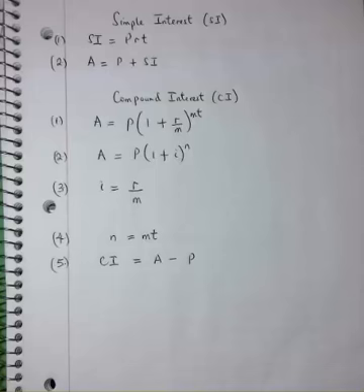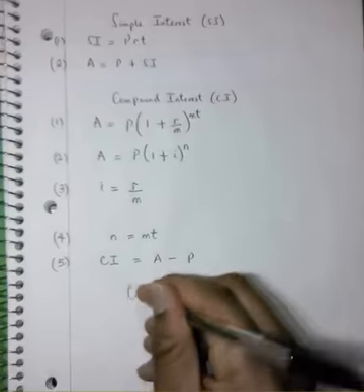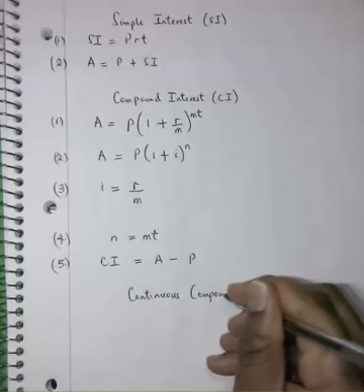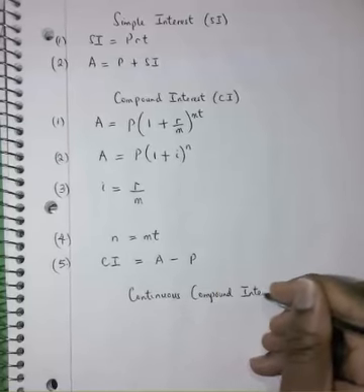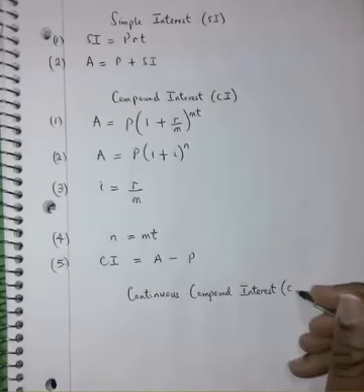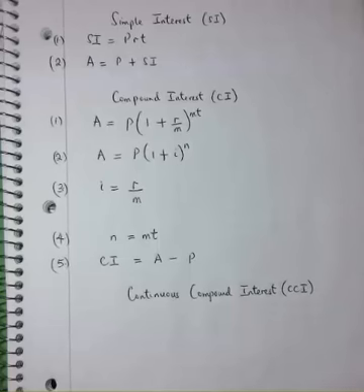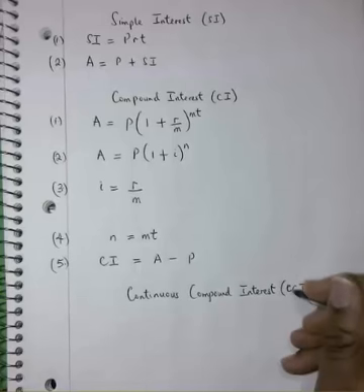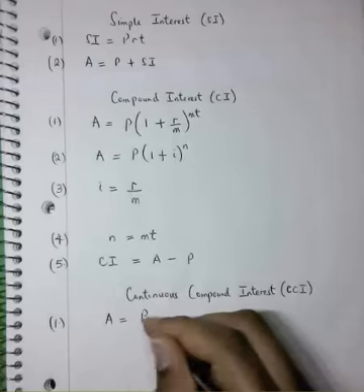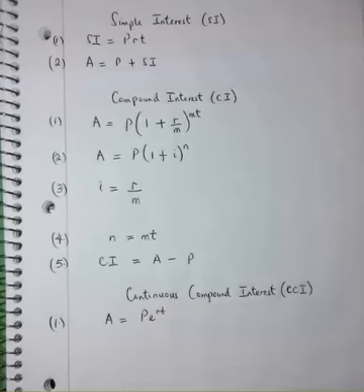Okay, then let's write the continuous compound interest. We have written all these formulas before in the previous videos, so it is recommended that you view those videos. Continuous compound interest, let's call it CCI. The first one we'll write here is that A is equal to P e to the rt.